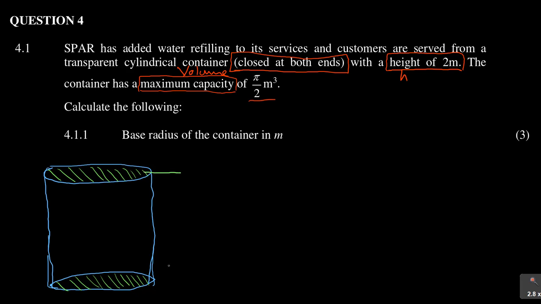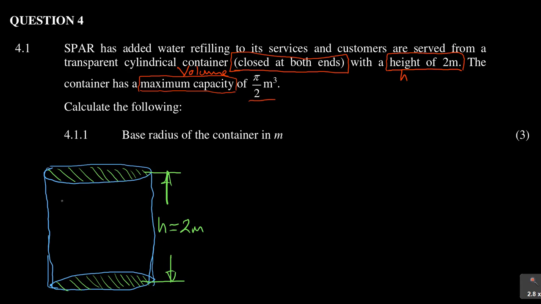Then they gave us some key information as to the height. The distance from the top of the container to the bottom of the container, which is the height, they are telling us is 2 meters in this case. And then they told us the capacity, which as I said is the volume.